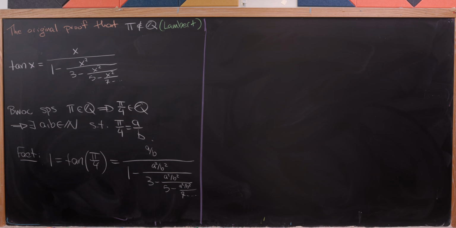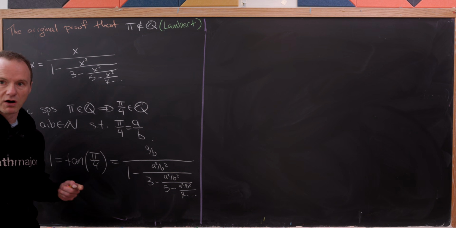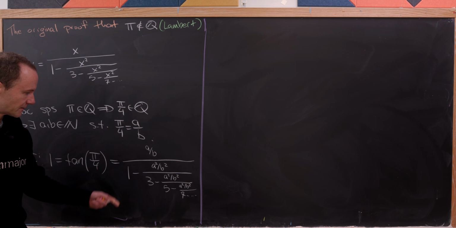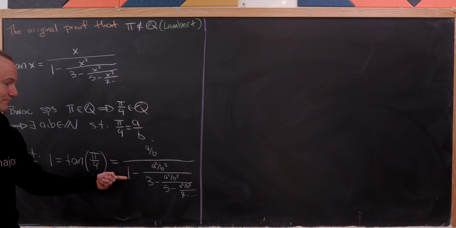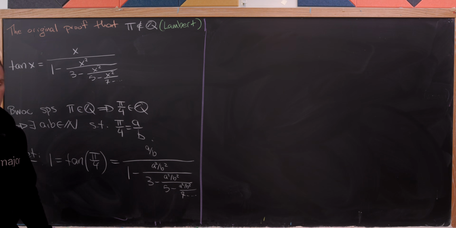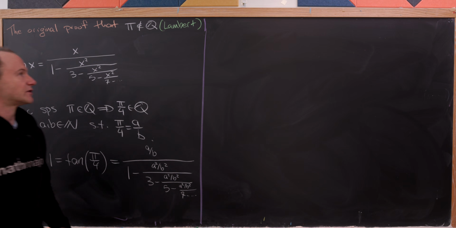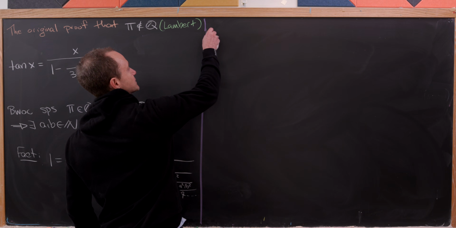So now what we can do is maybe clear all of the denominators everywhere. So multiply the numerator and then this first denominator by b, and then keep going, but multiply by b squared in each case. And so that's going to give us the following expression.